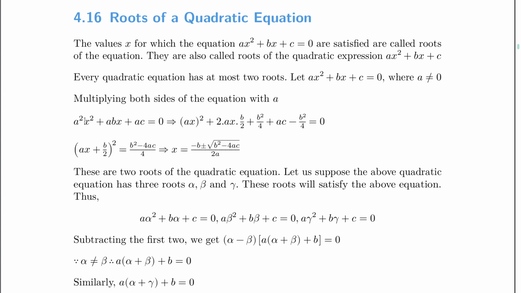We first multiply the entire equation with a so that it becomes a square x square plus abx plus ac is equal to 0. Now we can write it in the form of (ax) whole square plus 2 into ax into b by 2 plus b square by 4 plus ac minus b square by 4.